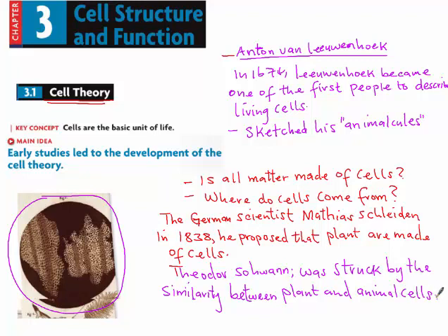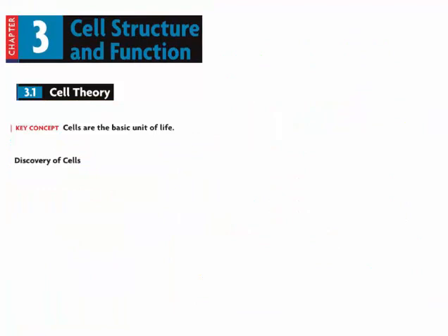To him, this was something very unique, and not only him, even up to now, it is something that still amazes people. How come plant and animal cells are the same, or they almost look the same, or have the same parts? So after his striking realization, Schwann concluded that all animals are made of cells.